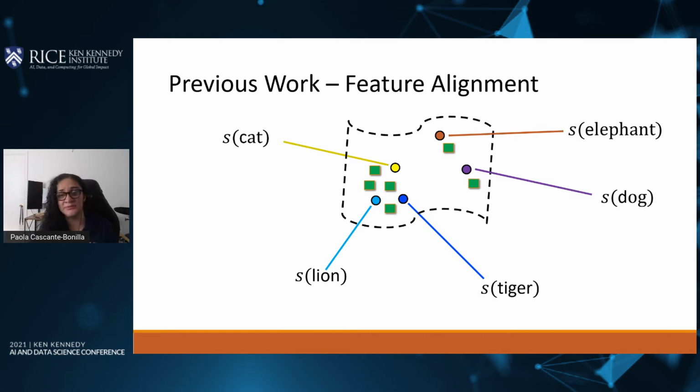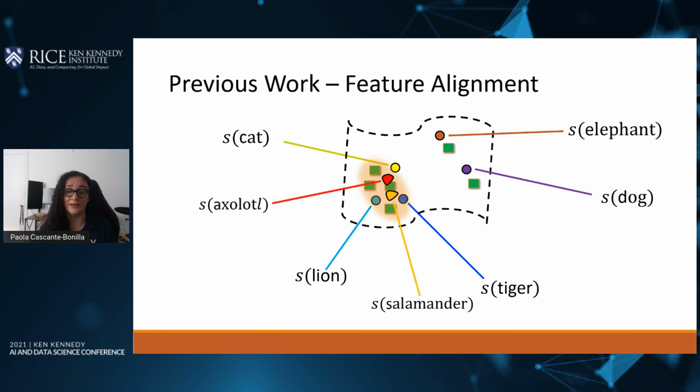So here the objective is to map the image features and semantic attributes into the common embedding space. Then, for example, for testing on unseen images, you can basically get this embedding space and do a nearest neighbor search in the semantic attribute space to find the closest match and then label those samples.